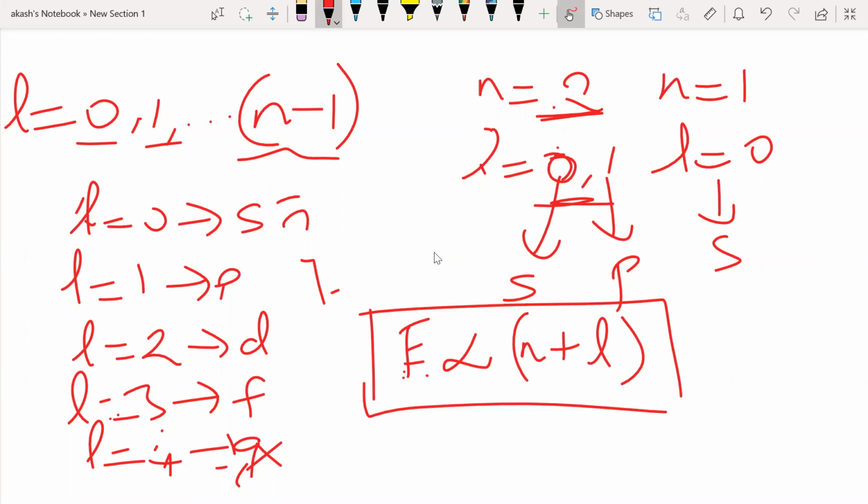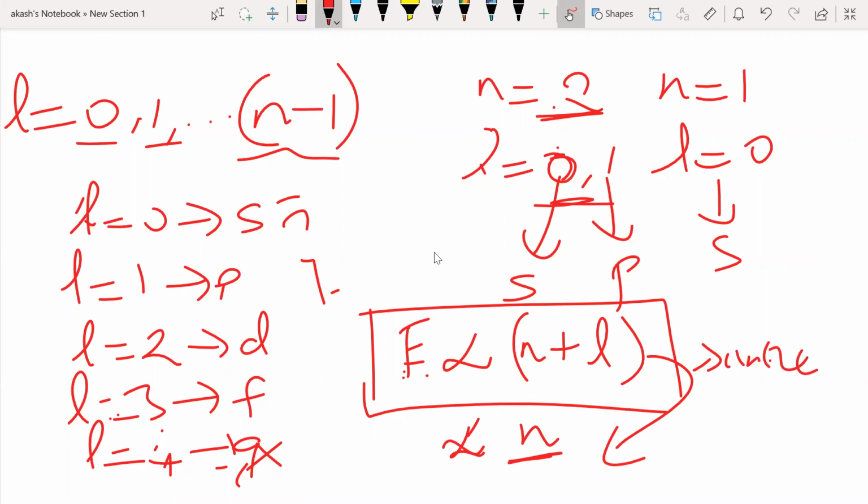The energy of the electron in a particular subshell, or say in a shell, will be directly proportional to n plus L value. Okay, now if you find that two orbitals have the same n plus L value, then only you go for the shell with higher principal quantum number, which will have higher energy. Please remember that.